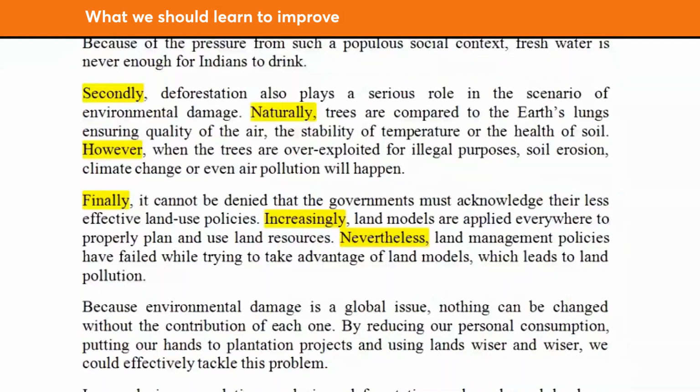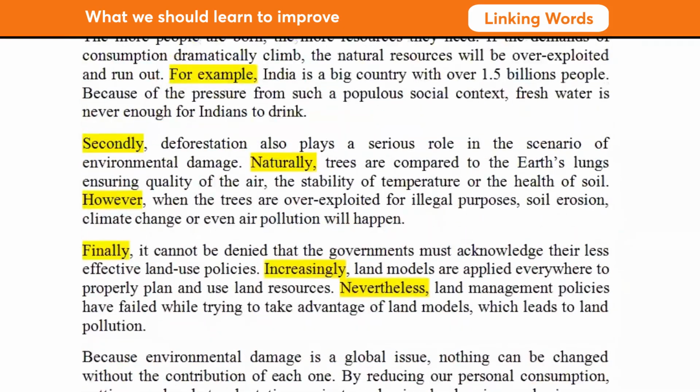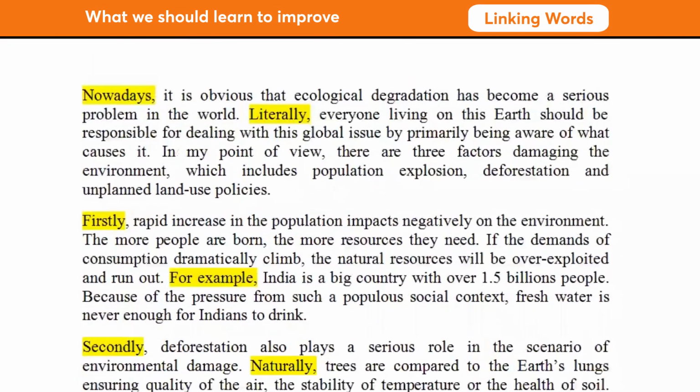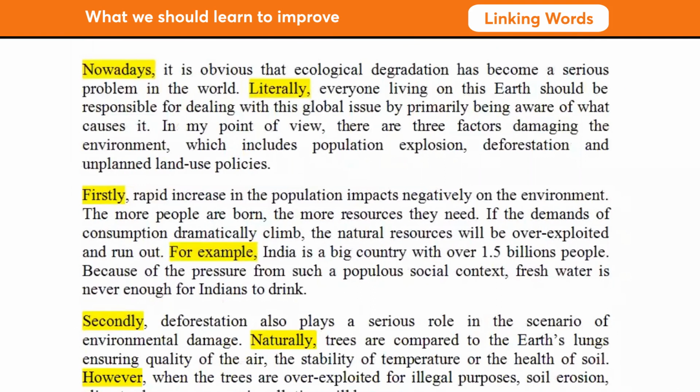Finally, we're looking at these linking words here. All right. And you can see there, I've just highlighted. So, all right, there's a range. This one here, by the way, we might say is not really correct. Yeah, not correct. We don't use that at the beginning of a sentence. Yeah, so just be aware of that.